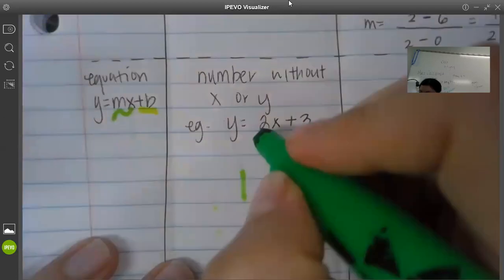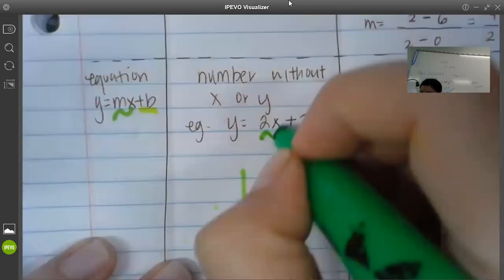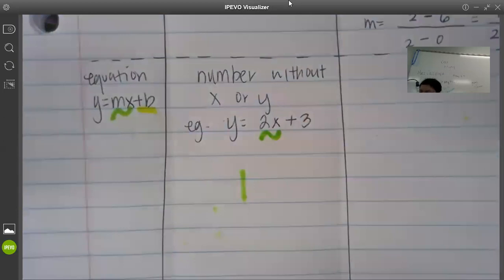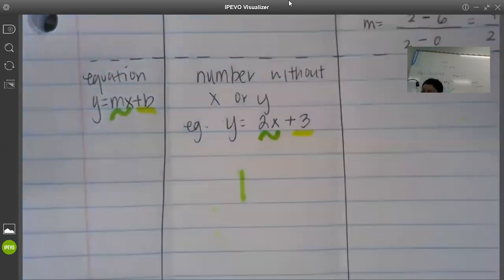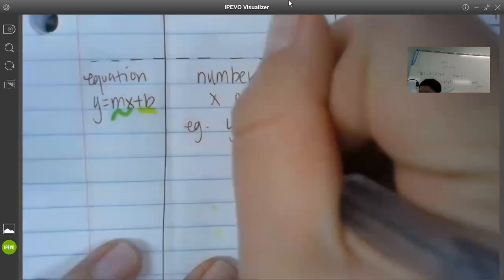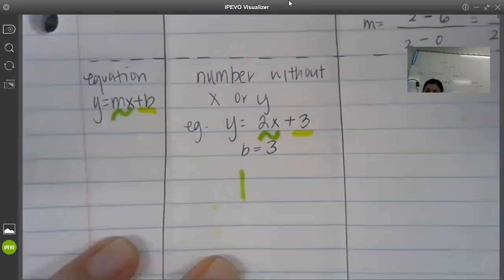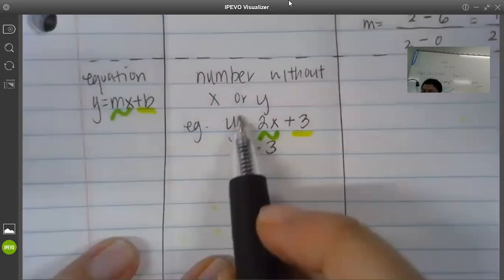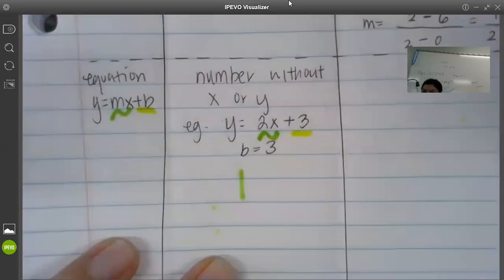This has an x, so I'm going to squiggly it. This one right here, the 3, doesn't have x and it doesn't have y. So my b, my beginning point, my y-intercept is 3. It wouldn't be this one, it wouldn't be this one, it's this one.